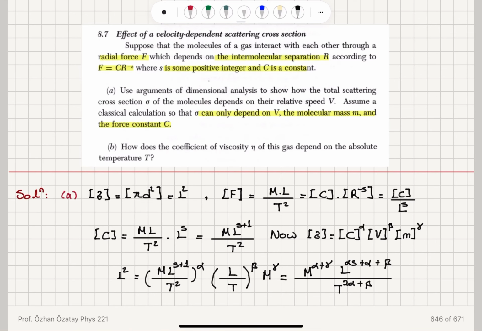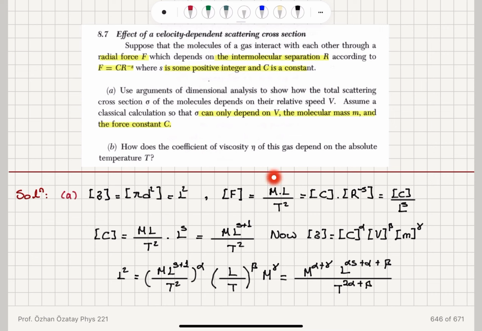Okay, so we have a velocity-dependent total scattering cross-section. By doing dimensional analysis, assuming a radial force between the molecules C times r to the minus s, we want to find the total scattering cross-section dependence on v, the relative speed, the molecular mass m, and force constant C. Using dimensional analysis, the dimension of the total scattering cross-section is length squared.